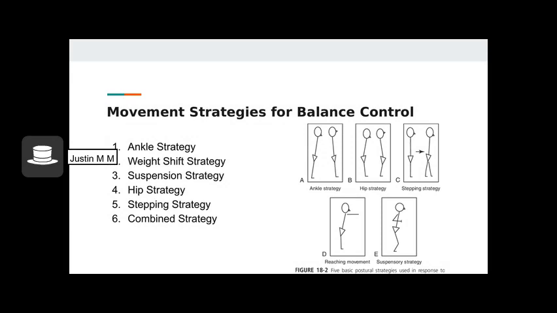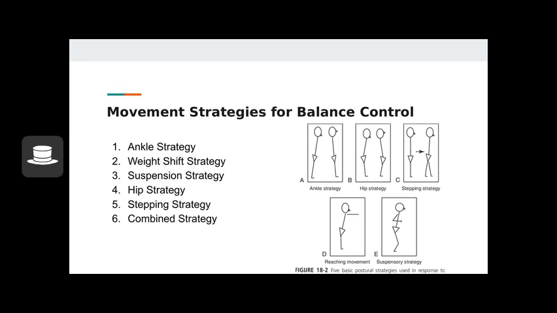At the end of the previous slide, I mentioned how our body undergoes certain movement strategies for balance control. This is done in order for us to maintain our balance, especially if we're about to fall or we feel like we're off balance. It's done almost in a series, starting at your ankles and then moving up your body until we have to step.